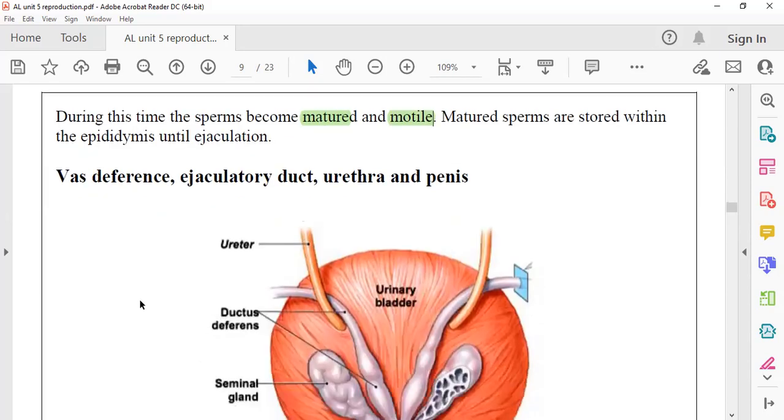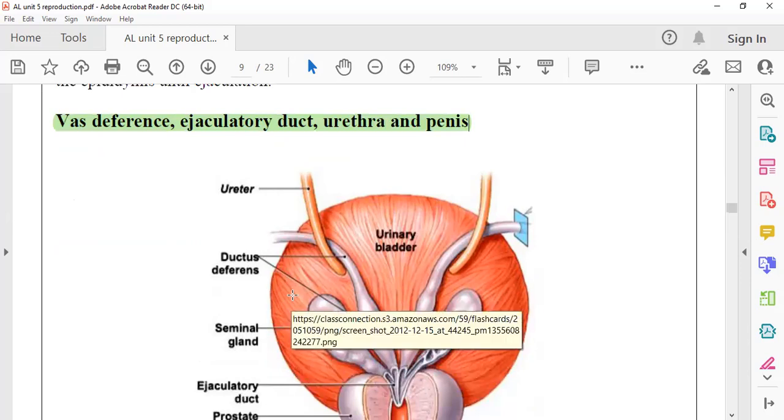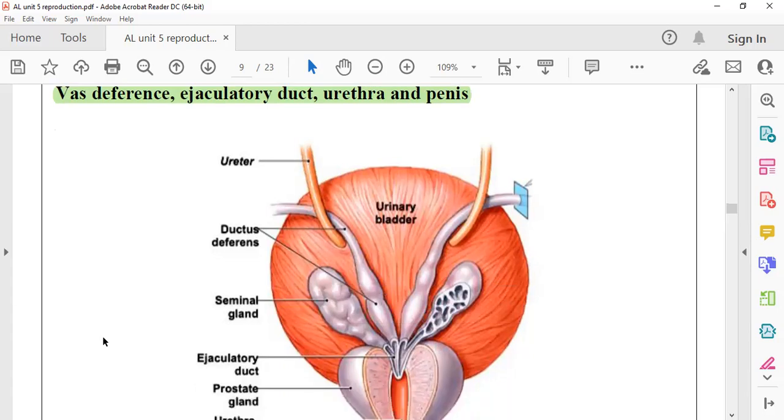Now we are coming to the vas deferens, ejaculatory duct, urethra, penis. Regarding them, no need for lots of explanation.